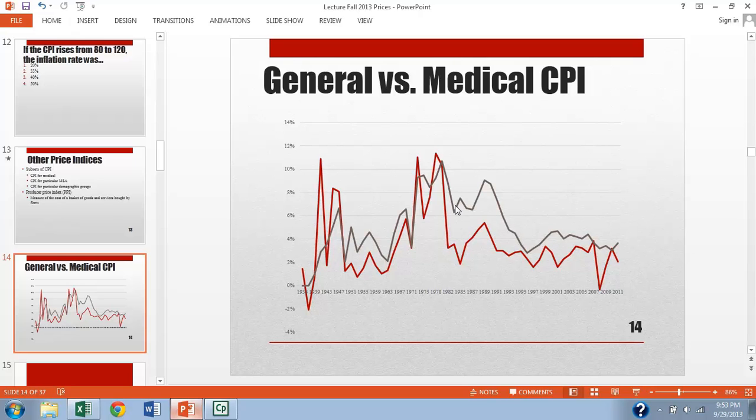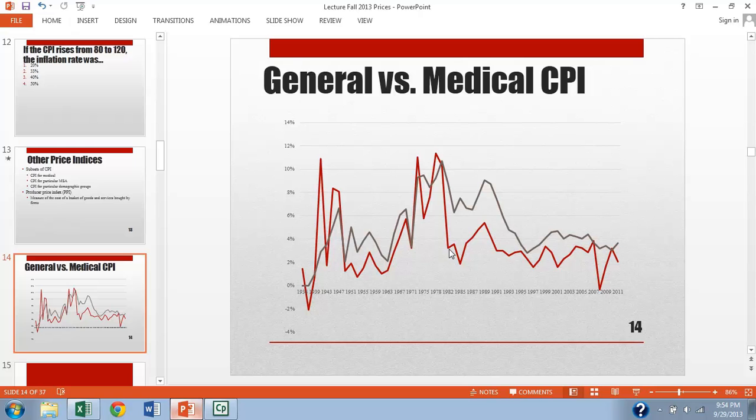You can see that there was a time here in the late 80s through the middle 90s where medical inflation was significantly higher. And maybe you can go, okay, here in the late 50s, there was also another period. But the differences more recently are pretty darn close together. We're talking about the difference between, say, 4% and 2%, or 4% and 3%, or something like that.